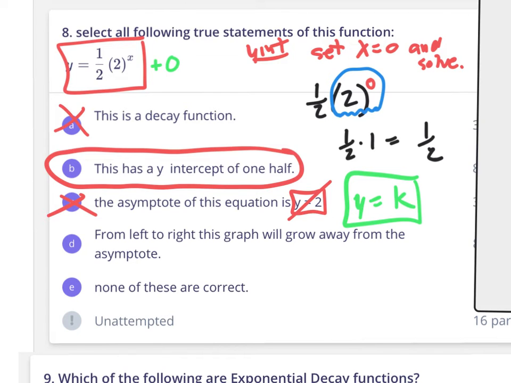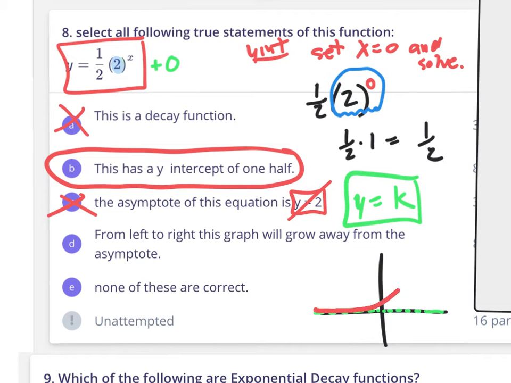Also, this one says from left to right, this graph will grow away from the asymptote. And that is true. If I'm on an xy plane, and we know that the asymptote is the y equals 0 line, which is the x-axis itself, and we know that the base is 2, should have done that in blue. The base is 2, which means that from left to right, it'll grow away from the asymptote. So over here at the left, it looks like it's touching.